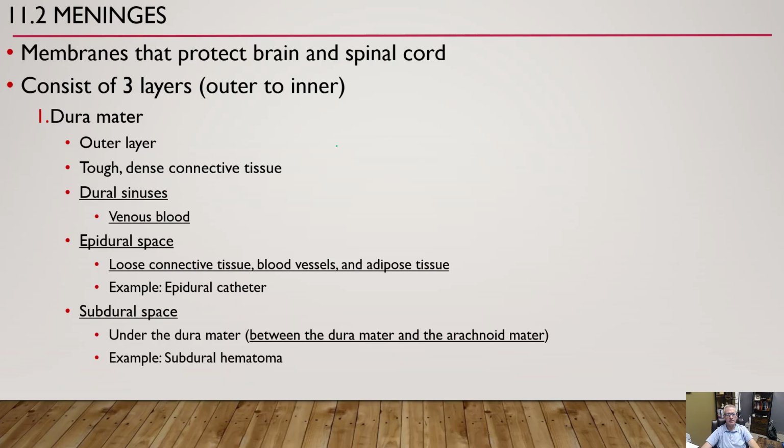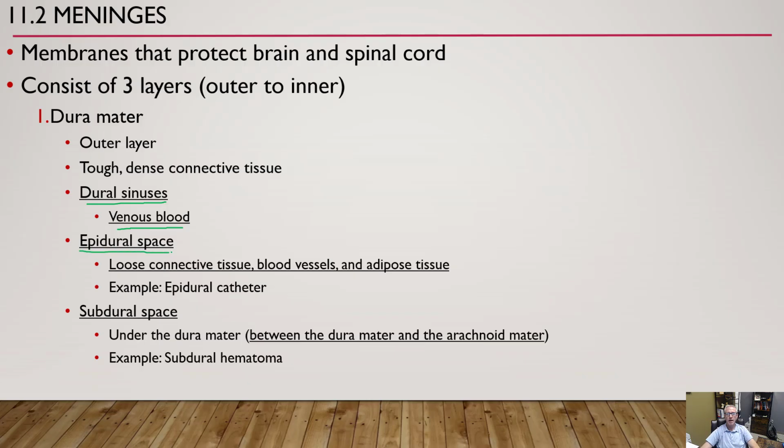So the dura mater is that outer layer. It's very tough, made up of dense connective tissue. It has these dural sinuses. We call them dural sinuses because they're in that dura mater. They have some blood in them, venous blood, not arterial blood. And a sinus is basically a space. So we have this epidural space.